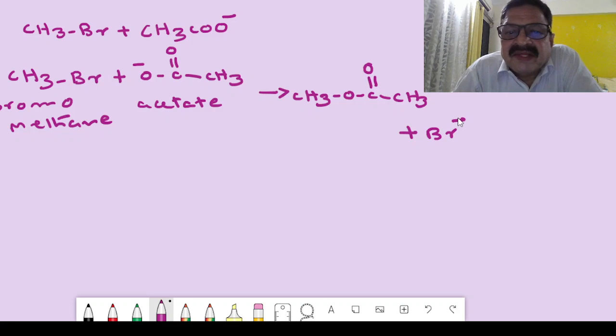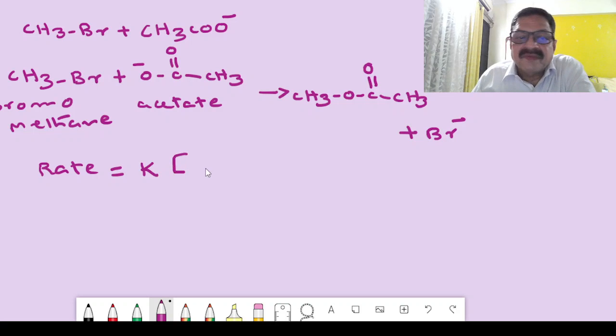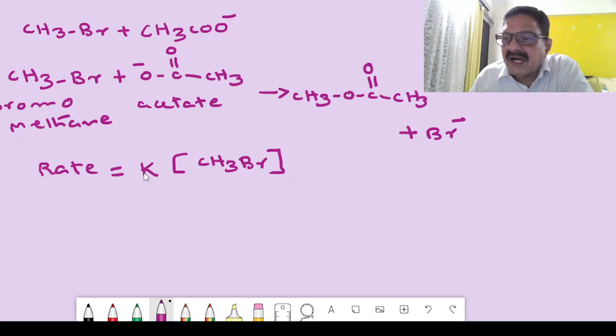Now the kinetic data has indicated the reaction rate as follows. The rate of the reaction is equal to k, the rate constant, times [CH3Br], the concentration of the alkyl halide, and [acetate anion].